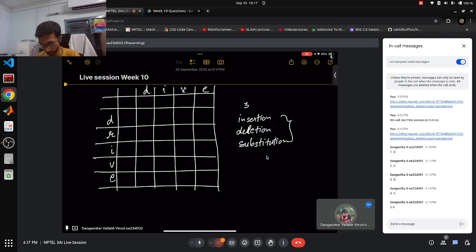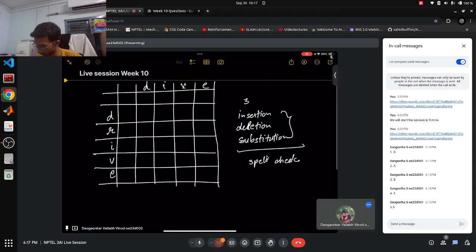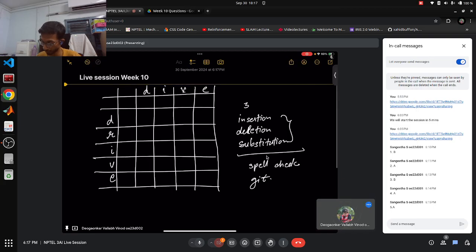This is a common practice in programming. The applications for this algorithm include, let's say, spell check, and it is also often used in version control tools such as Git, where we are interested in seeing the differences or changes that have been made from one version to the other. So these are some of the applications of this algorithm.